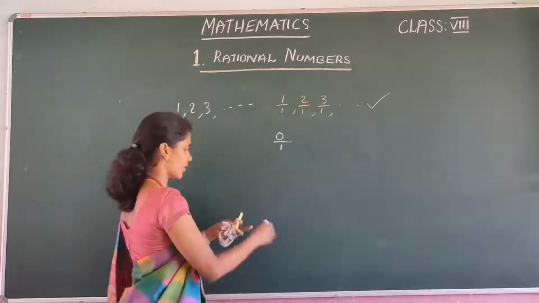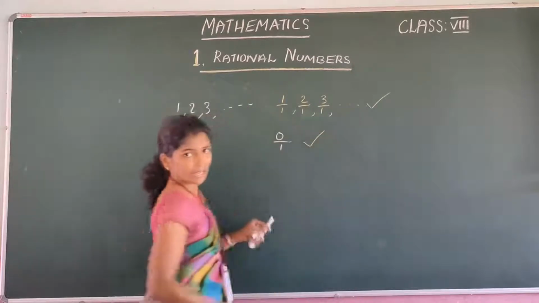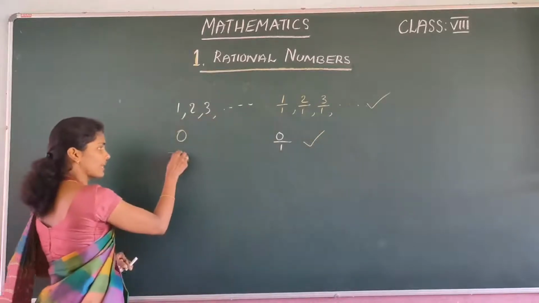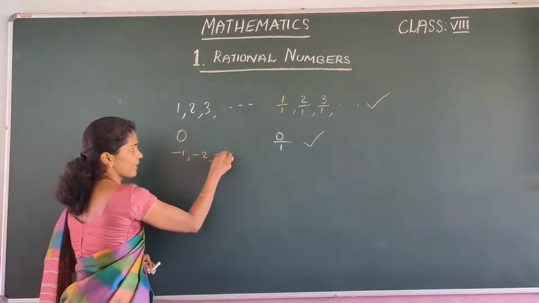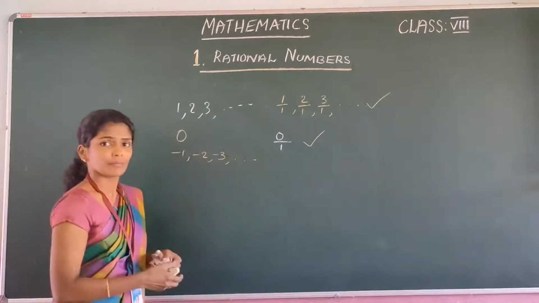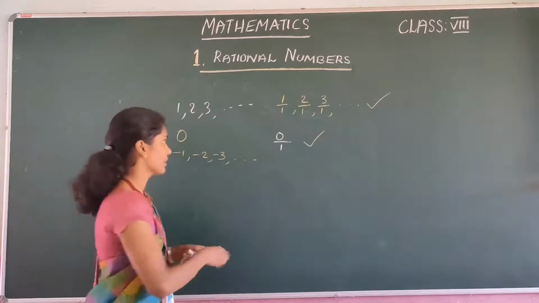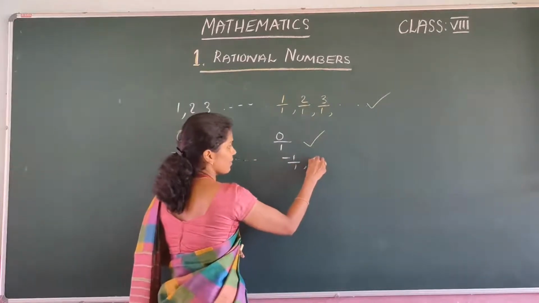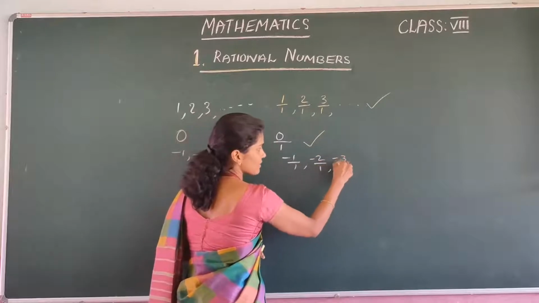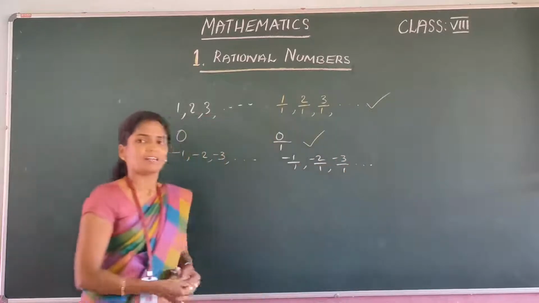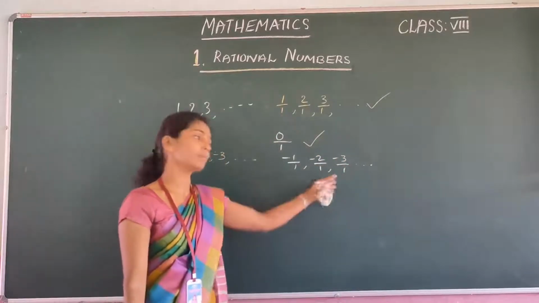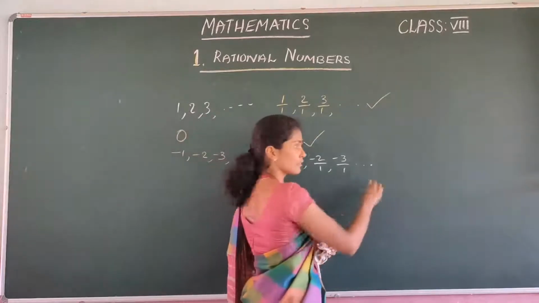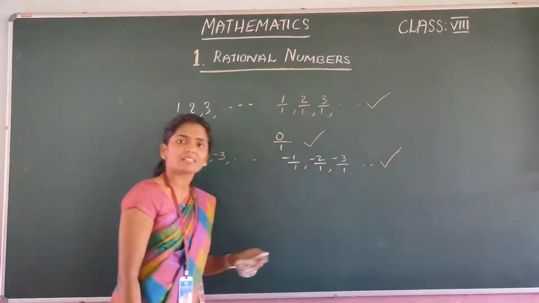Therefore, this is also a rational number. Then what about the negative numbers? Minus 1, minus 2, minus 3, etc. Is this any rational? Here also we write minus 1 by 1, minus 2 by 1, minus 3 by 1, etc. This is also P by Q form, Q not equal to 0. Therefore, this is also a rational number.